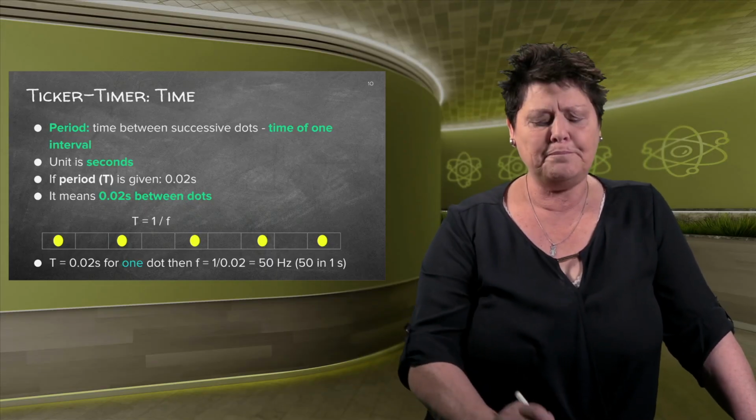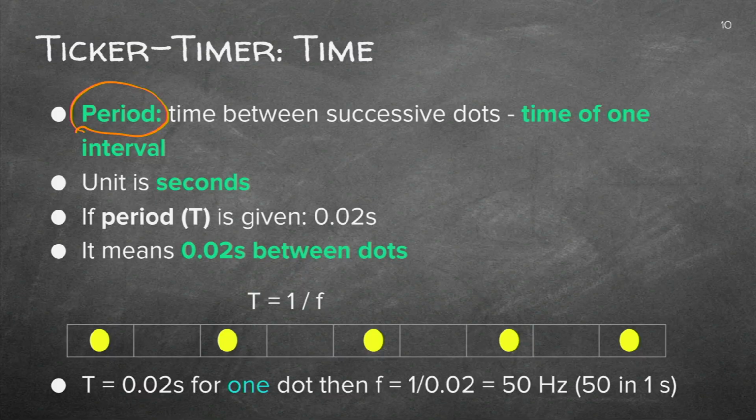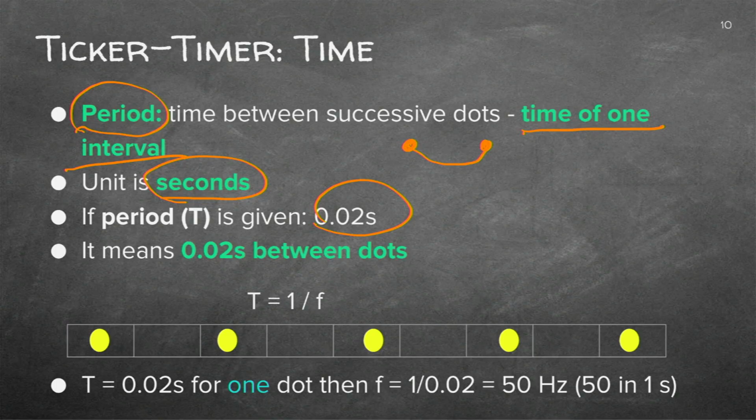Right, so the period, as I said just now, is the time of one interval. One interval will be from this dot to the next dot. That is an interval. We measure that in seconds, and in this case, it is 0.02.